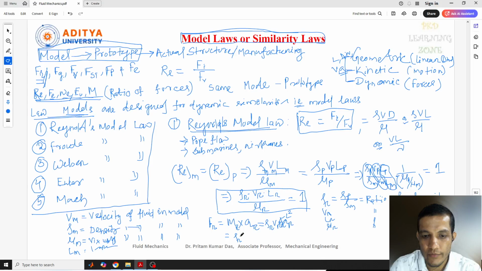So for the area ratio I can write rho r into LR squared, and similarly VR into AR.